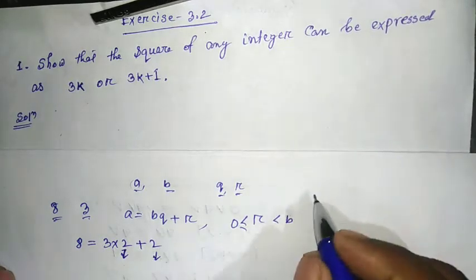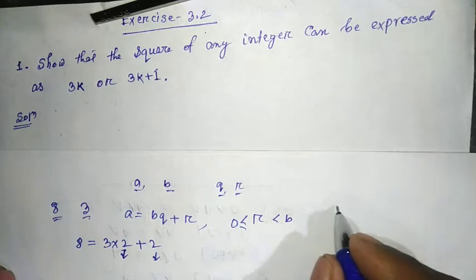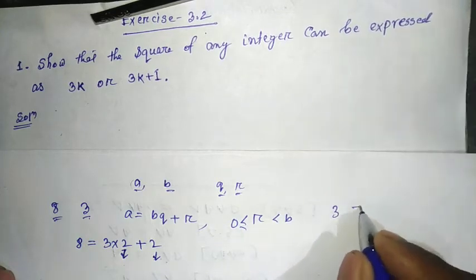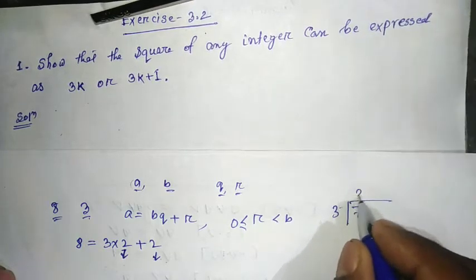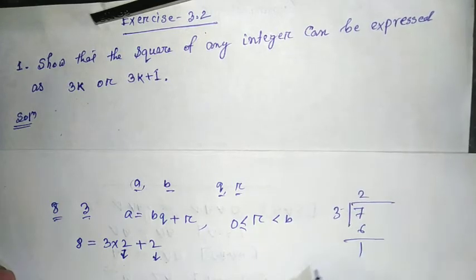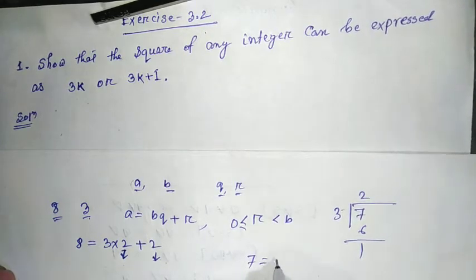The remainder. Similarly, suppose we take 3 and 7. 3 times 2 is 6, remainder 1, so 7 can be written as 7 is equal to 3 into 2 plus 1, where 1 is the remainder, 2 is the quotient, 3 is the divisor, and 7 is the dividend.